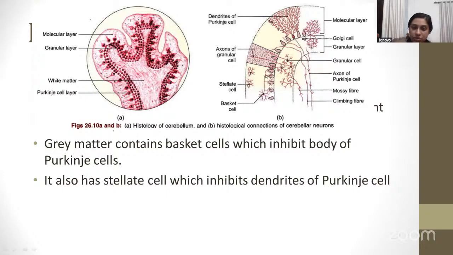Okay, the axons of these basket cells are somewhat parallel to the molecular layer. Also the granular cell layer is seen beneath the Purkinje layer, and the axons of the granular cells are seen projecting into the molecular layer. Okay.